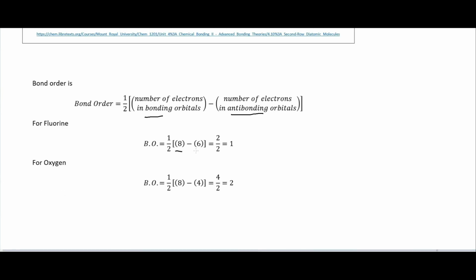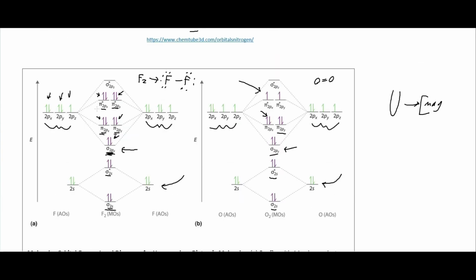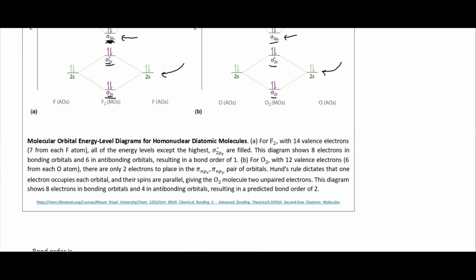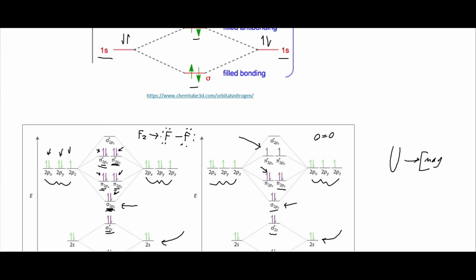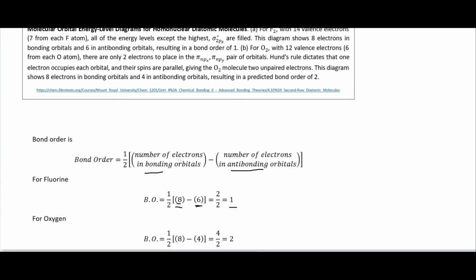And then we have 6 in antibonding, so 2, 4, 6. You could also add the ones for the 1s orbitals, but it's not going to change anything, because we just move this to 10 and this to 8, and we would still get 2 over 2, which is just a bond order of 1. And so we'd only end up with this single bond right here.